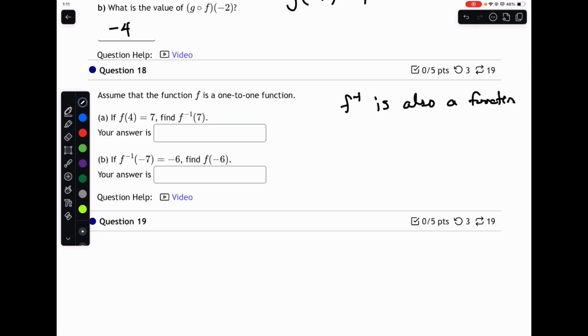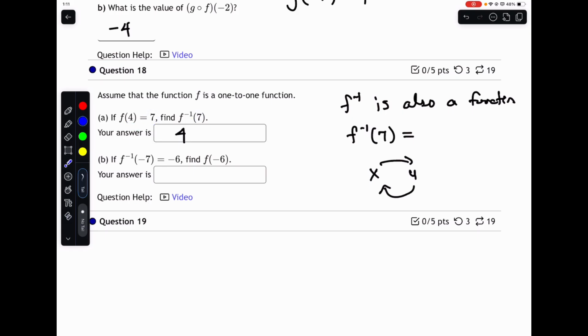So when I look for the solution of this, there's only one possible solution. And because the inverse and the function simply switch the x and y values, this answer right here would have to be 4. Since f of 4 is equal to 7, the inverse of f at this output has to be the input.